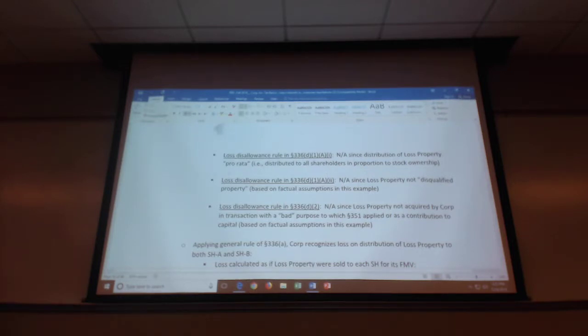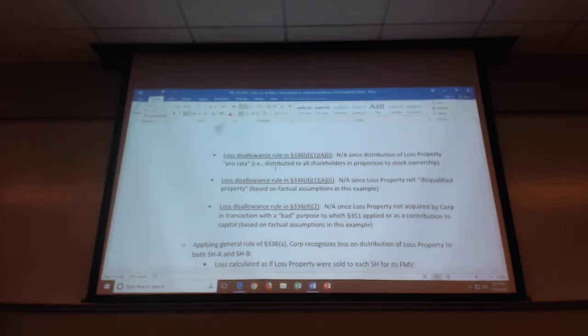So the first loss disallowance rule, on these facts, doesn't apply. And again, because of time constraints, in this fact pattern, these three bullets up on the screen are just formatted this way to assist you in walking through the analysis.